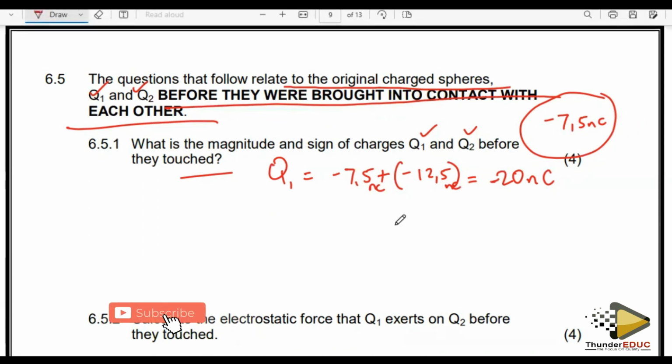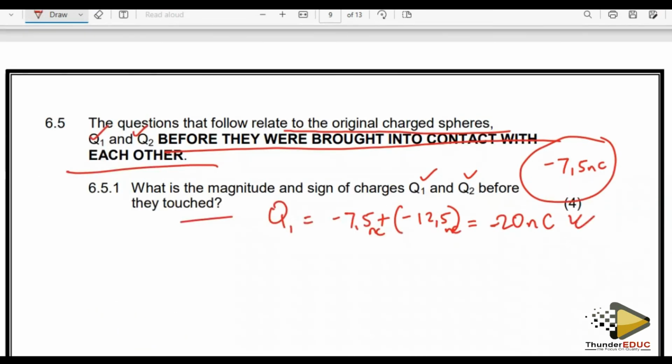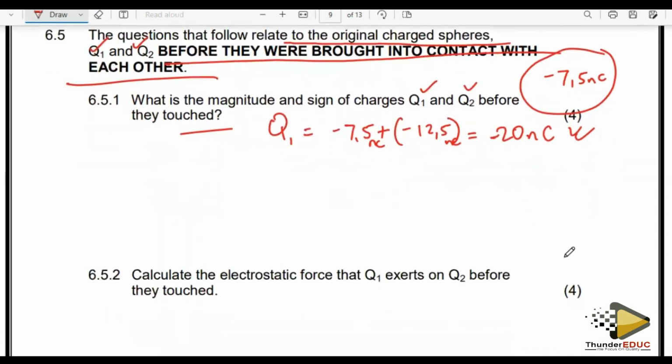We can write it the other way around. So it has that much. Then for us to get what is left on Q4, we can do more or less the same, where we look at negative 7.5 minus 4.5. Gaining is a plus, Q is a minus. When you do that, you get a positive.